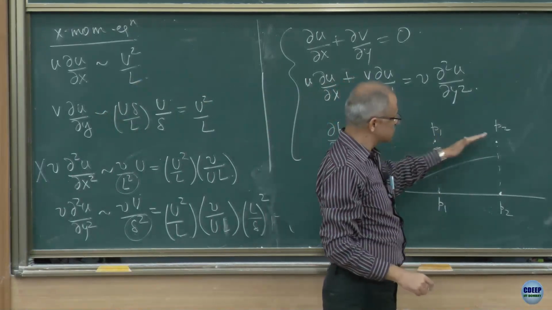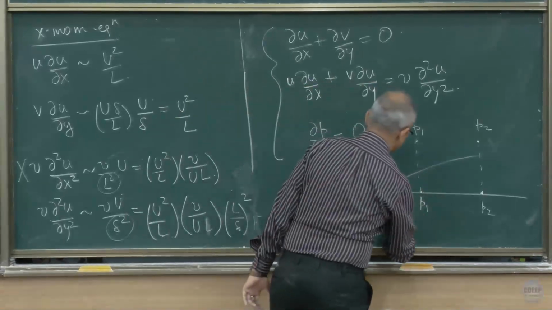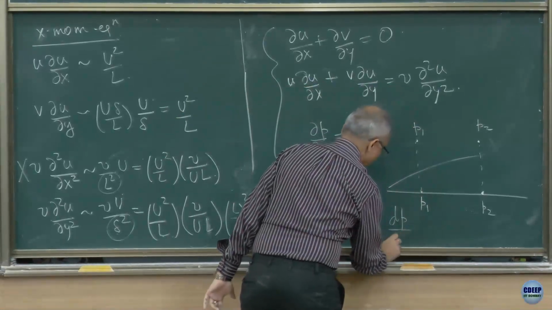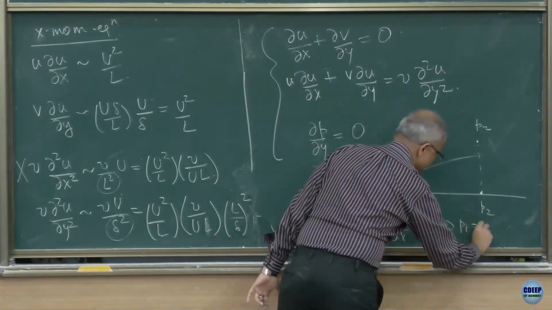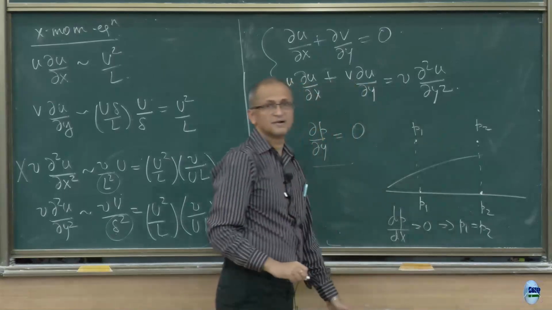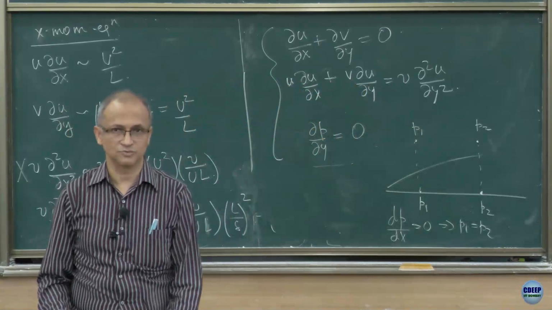So if dp dx is equal to 0, then of course P1 is equal to P2. But I need not have dp dx equal to 0. That's what I'm saying.